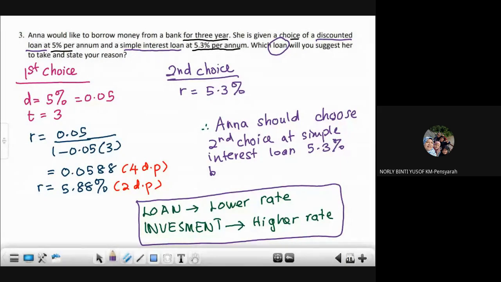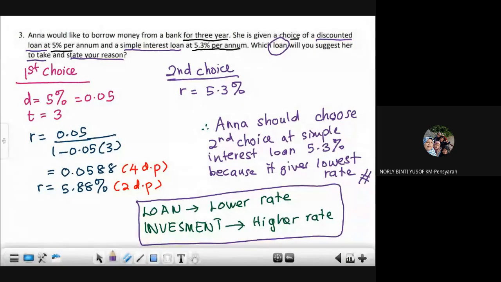Because dah bagi tahu, suggest to take second choice. State the reason because it gives lowest rate. Ayat dia lowest rate tu dapat markah lah. Sebab kalau loan kita ambil yang lowest rate. Kalau investment kita ambil yang higher rate.